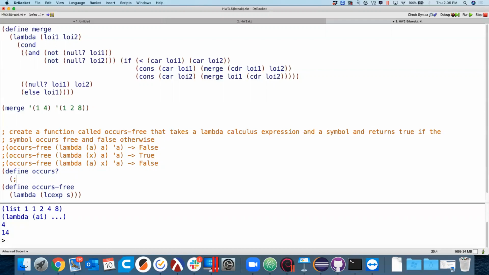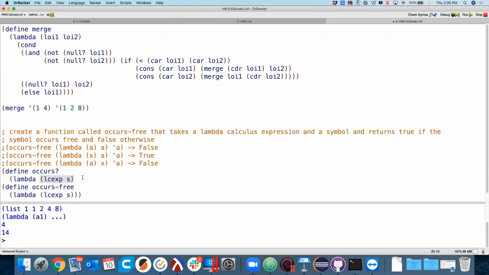And this will be a lambda. We'll call this guy a predicate, although it wouldn't technically be a predicate because it takes in two parameters, but same difference. It returns a single value, true or false. It takes a lambda calculus expression and a symbol, and should return true if this symbol occurs in this lambda calculus expression.